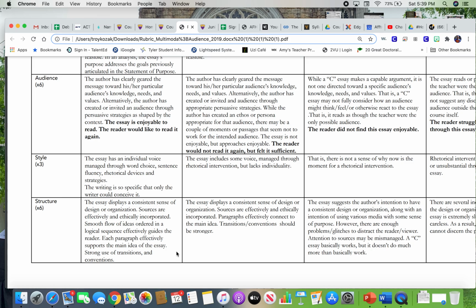Strong use of transitions. So what I mean by transitions is that you're moving from idea to idea effectively, not necessarily that you're using words like also. So again, I'll bring up an essay like The Female Body that utilizes a number system to move us through those things.